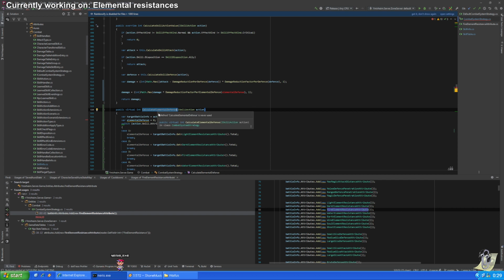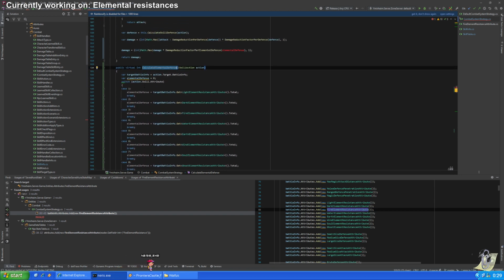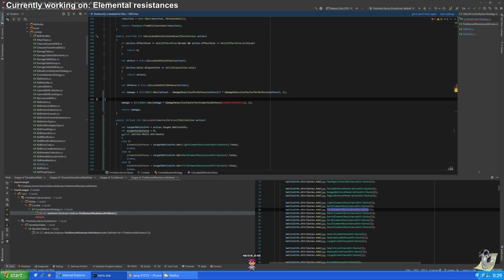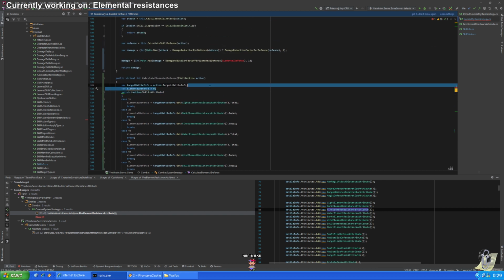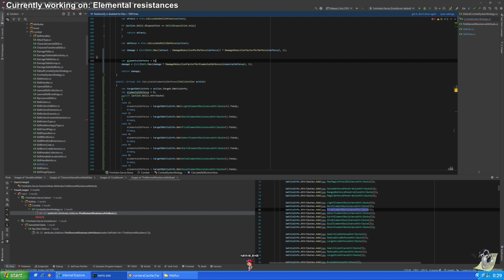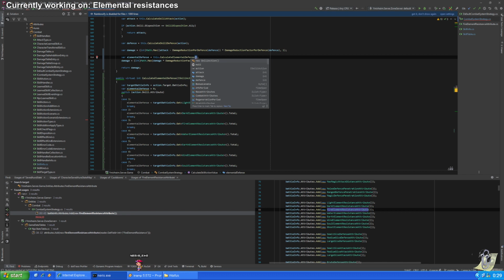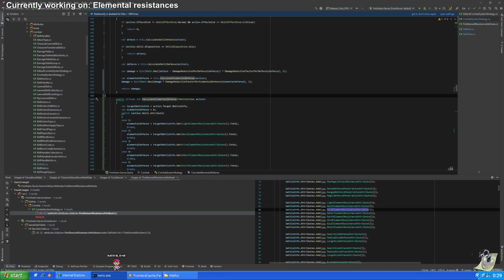So it's not gonna be calculate elemental defense, but it's gonna be well, actually, let's do it like that. Okay.